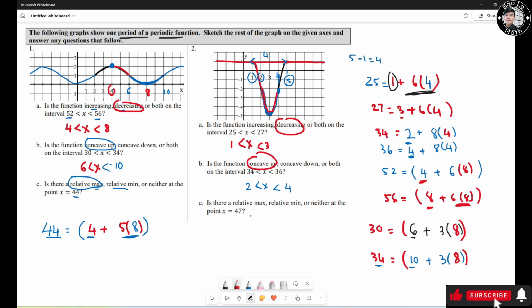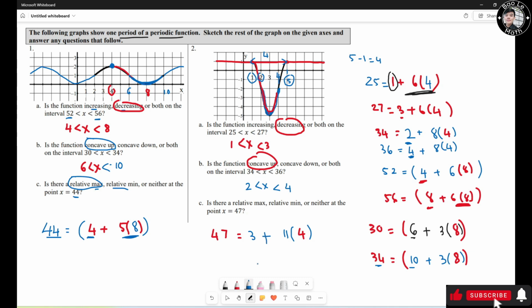Now, is there a relative maximum, minimum, or neither? As x equals 47, you need to write 47 in terms of 4, right? So write 4 over here. How many times does 4 go into 47? It should be 11, right? So 11 times 4 is going to be 44, and the remainder should be 3.